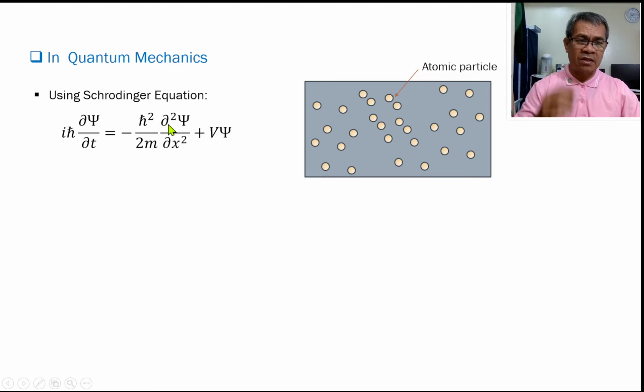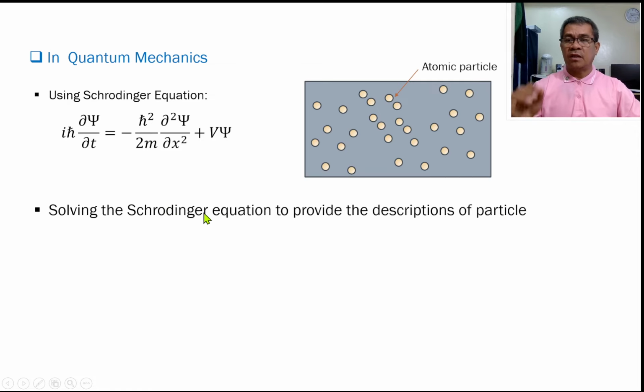So all differential equations have a solution, and the solution of this is called the wave function. The psi is the wave function. Which means that if we solve this differential equation, which is the Schrodinger equation, then we can calculate the wave function psi. That is by mathematics.